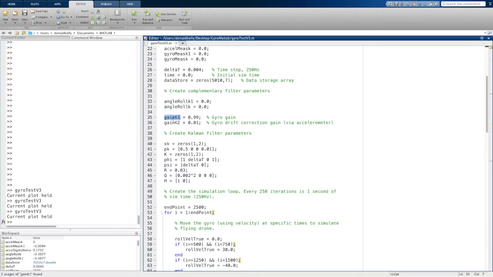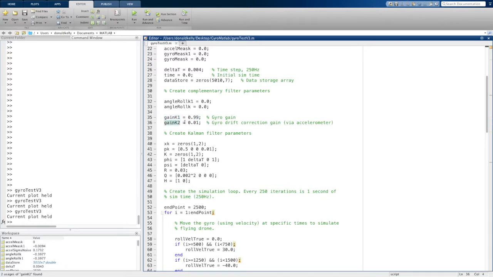The complementary filter is in a way kind of like an alpha beta or alpha beta gamma filter, which is a fixed gain filter, which is what this is. And we're going to mix together two different parameters. One takes into account where the gyro thinks you are in angle, and we're going to let that be 99% of the solution.